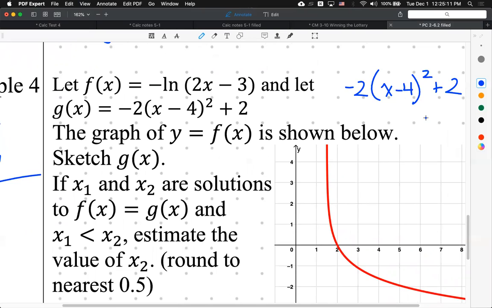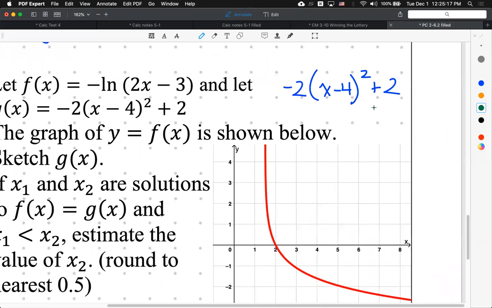Yeah, Leo. Which one? +2, do you say go up? That's correct, yeah. Up 2. Nice. Someone else. What does the -4 mean?